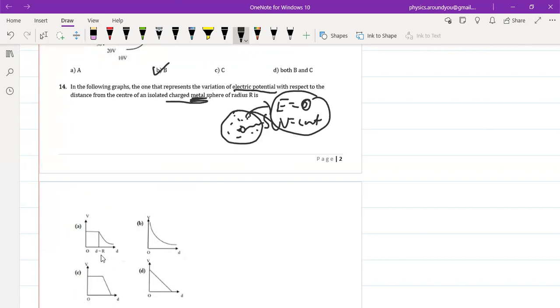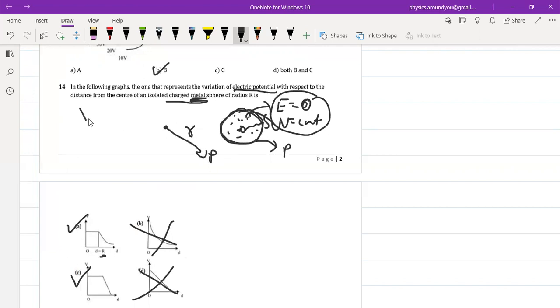So which of these graphs shows constant potential till R, the radius of the sphere? It is only A and C. I can eliminate B and D. Further, after crossing the sphere, what would happen? After the point is outside the surface of the sphere, the entire sphere would behave like a point charge located at the center.